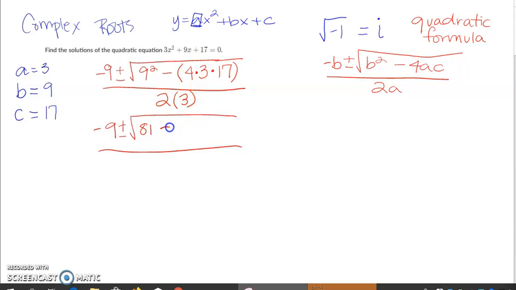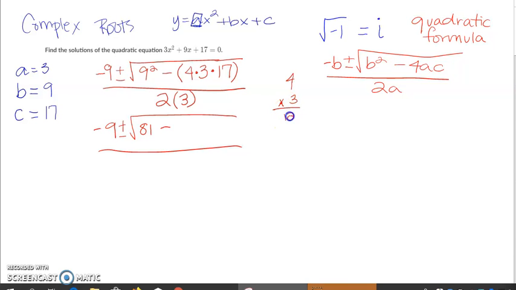Then I'm going to subtract 4 times 3 times 17. I'm really wishing I had a calculator close by, but I don't. So I'm going to just do this by hand.